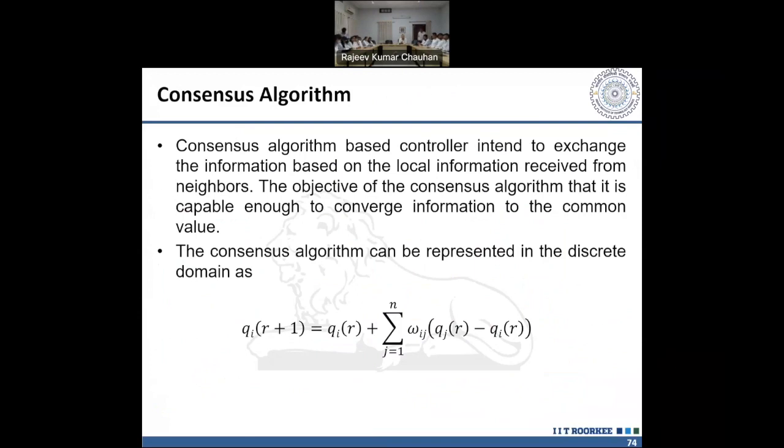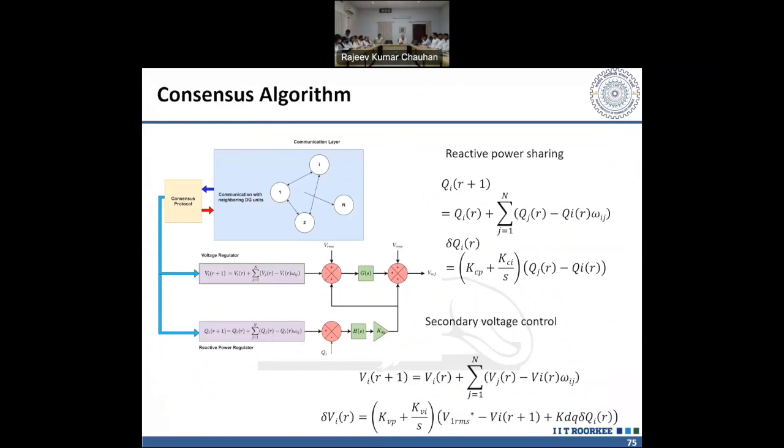The quantity Q, either the voltage or frequency, can be written by this equation. Q at the r plus 1 instant I can write with this equation, using KP and KI, the PID controller.